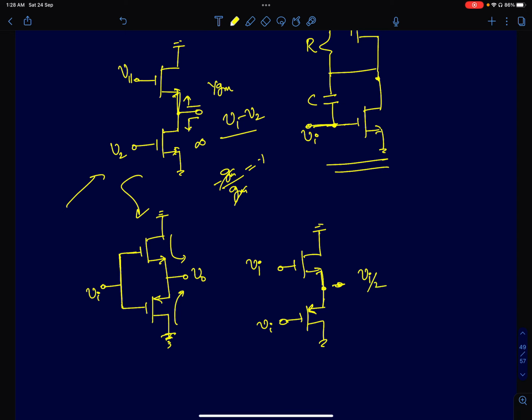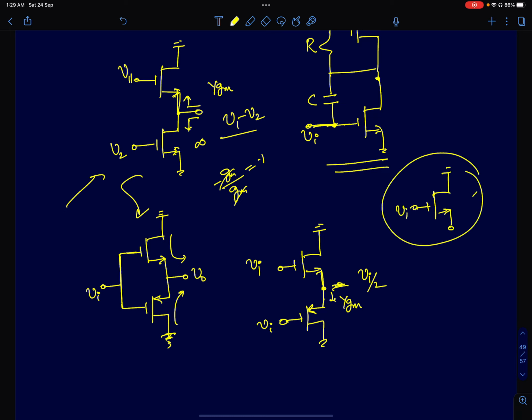Your load impedance will be 1 by GM, and if you connect a load impedance of 1 by GM, you can show that it will give you a voltage gain of half. If you recall from some of our old lectures, an NMOS voltage follower can be drawn by its Thevenin equivalent.